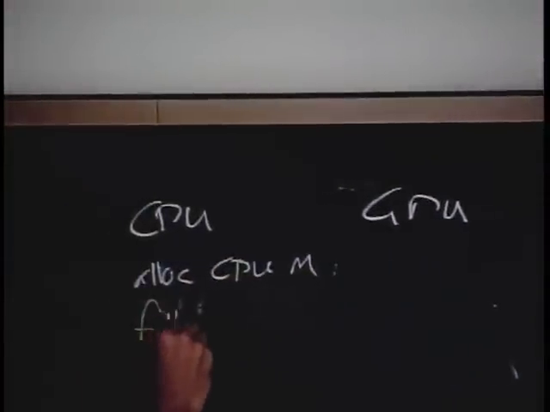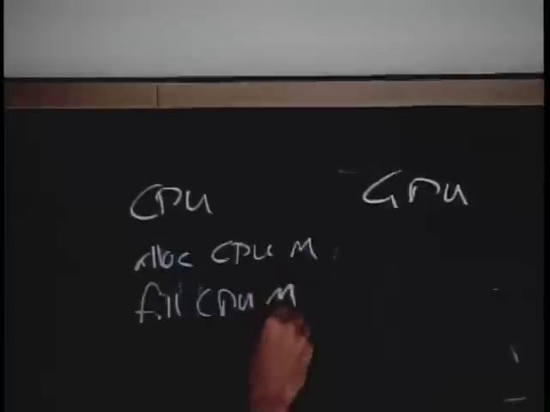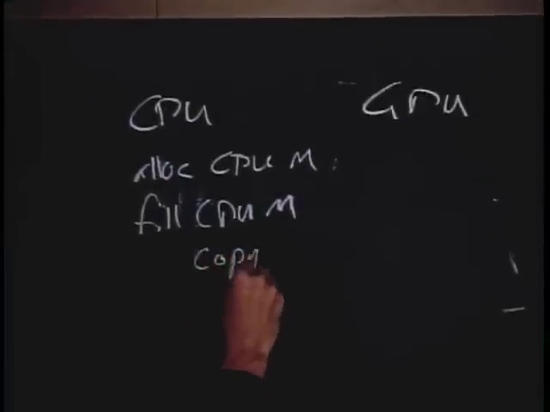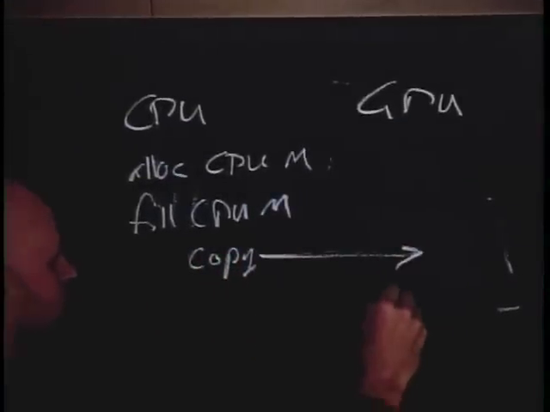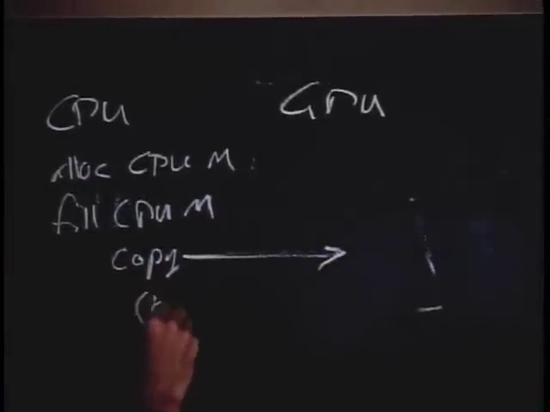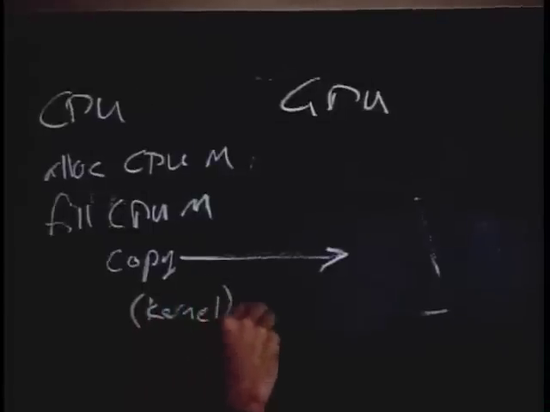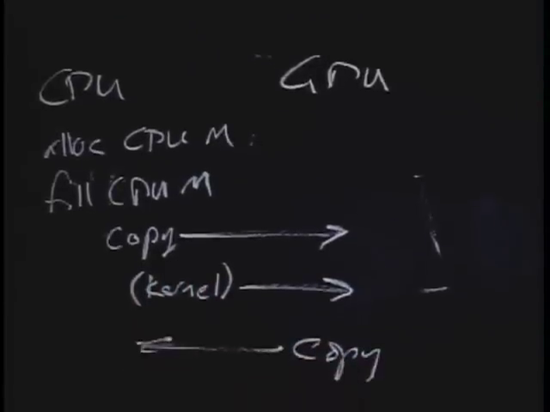So this is allocate CPU memory. Then we fill CPU memory. Then we copy to GPU. Then we call the kernel that runs over here. Then we copy the result back here.